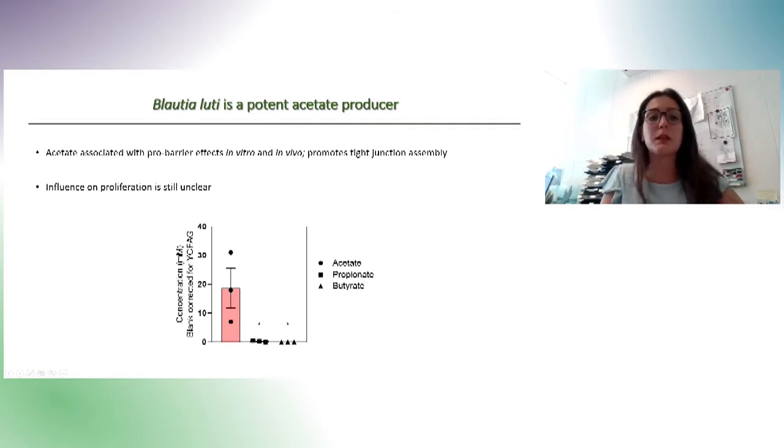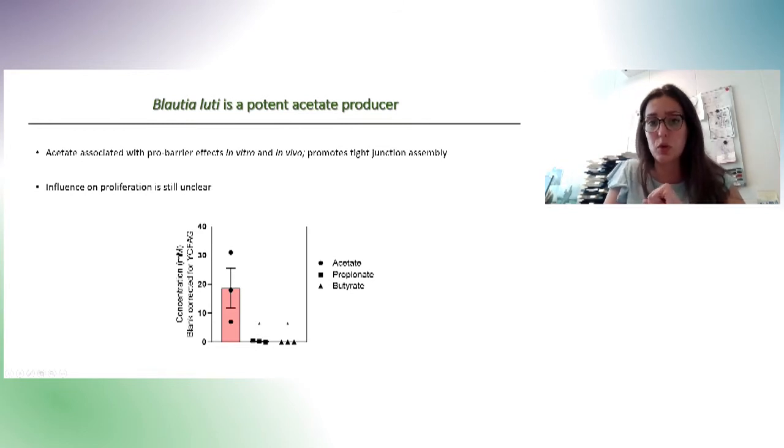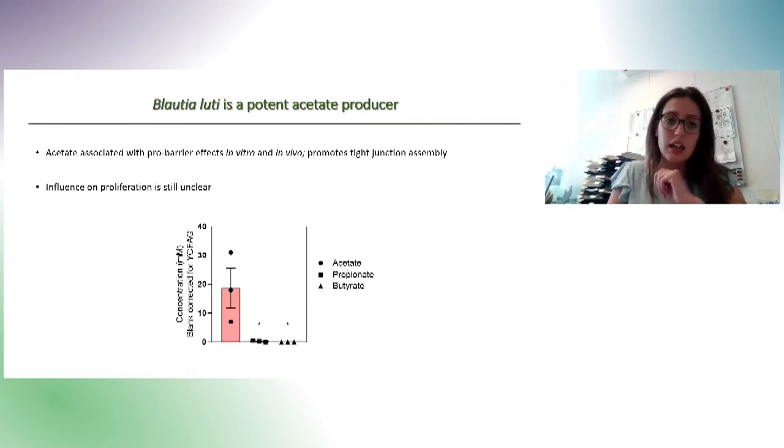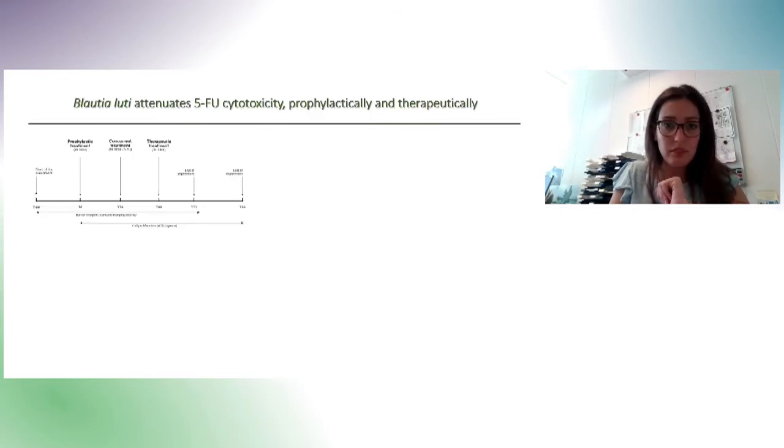And this is quite interesting because acetate has been associated with pro-barrier effects in vitro and in vivo, and it has also been shown to promote tight junction assembly. So maybe this is the reason why we also see the formation of tight junctions in our studies. However, the role of Blautia in cell proliferation is still unclear.